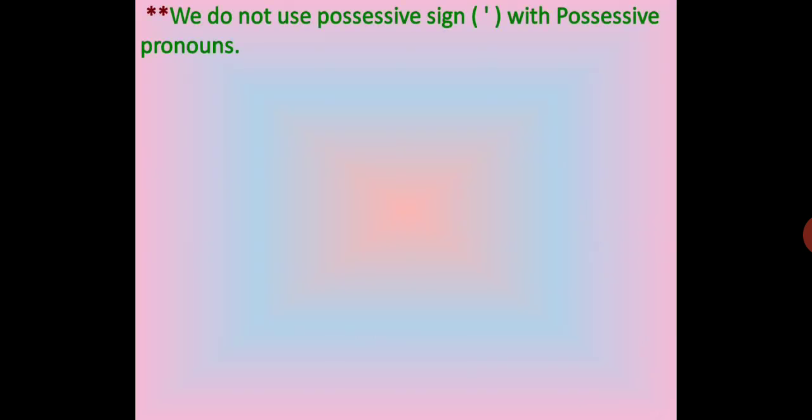Let's move on. The next rule is that we do not use the possessive sign. And what is the possessive sign? Yes, apostrophe, with possessive pronouns. We know that. What are the pronouns?